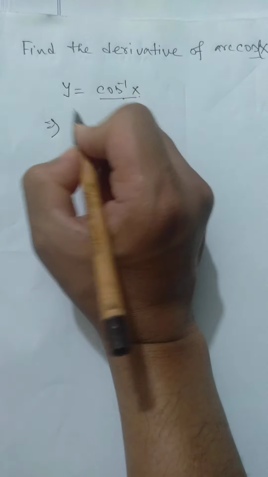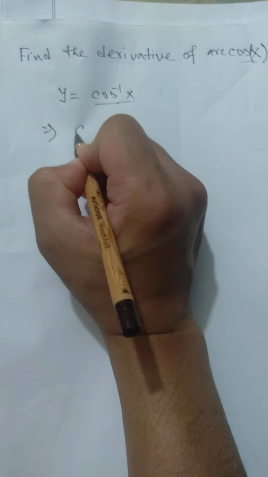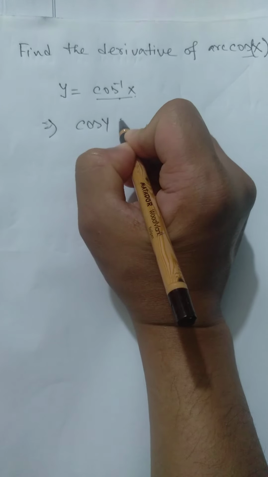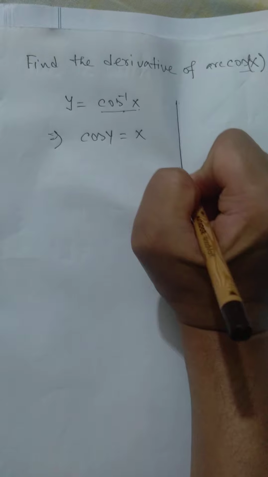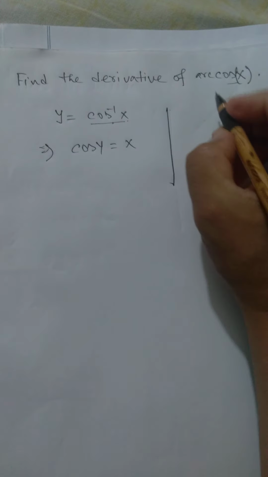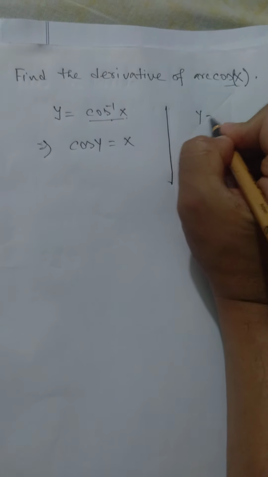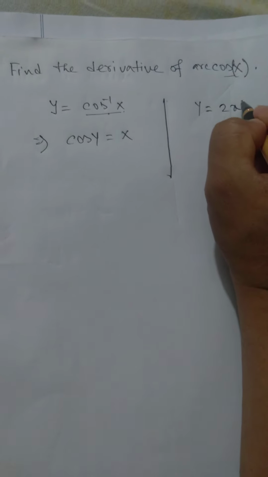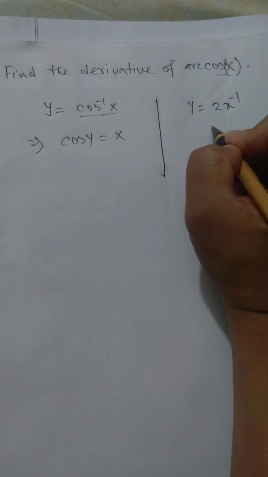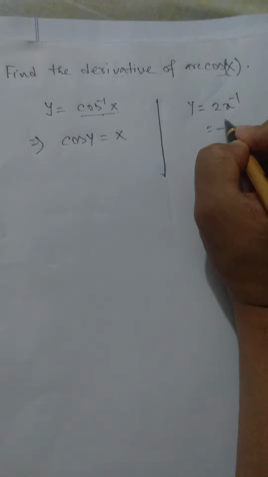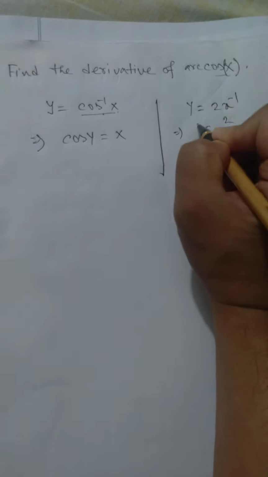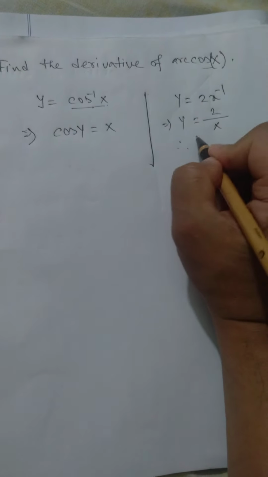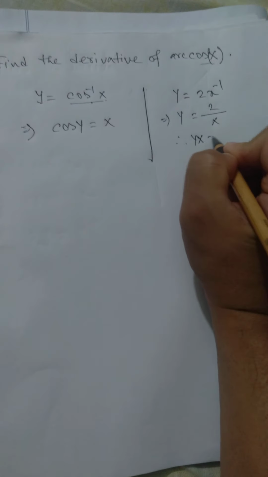From the inverse function we know that cos y equals x. Inverse function and indices are not the same. If we write y equals 2 to the power x minus 1, it becomes x equals 2 by y.